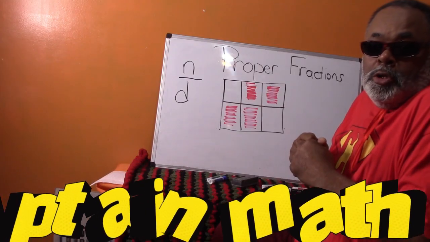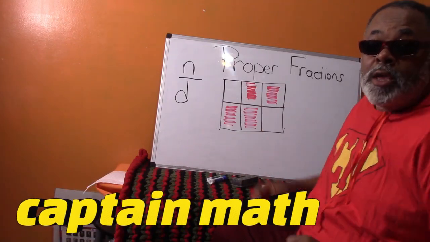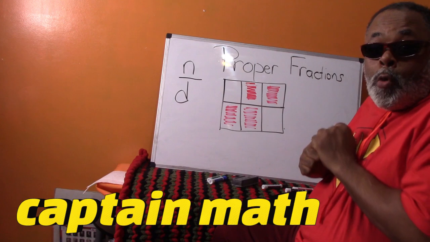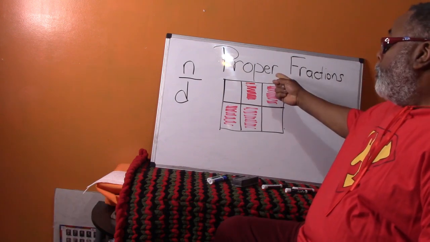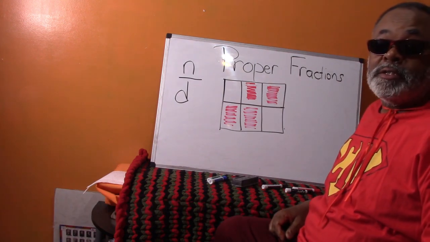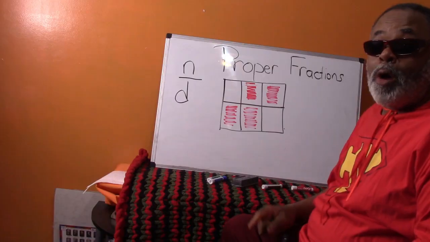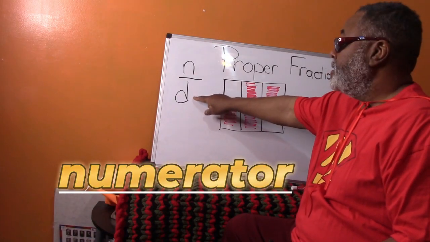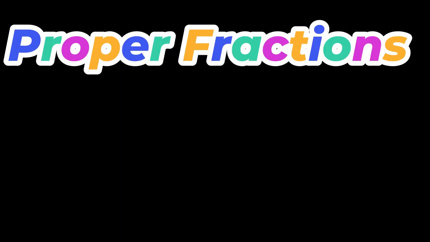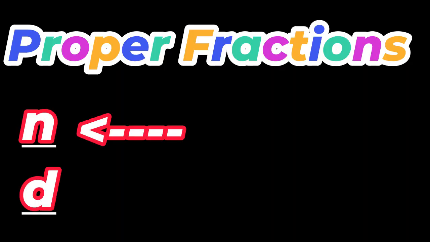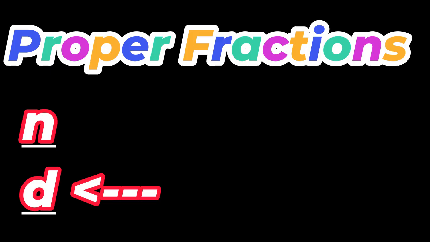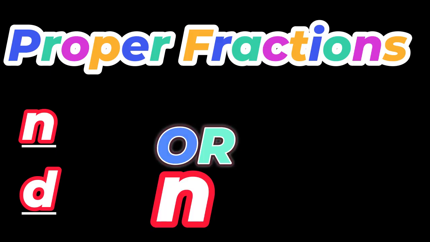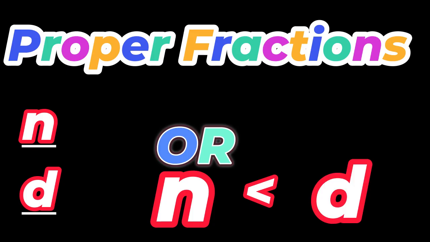It's Captain Math. Today, we're going to talk about proper fractions. A fraction has two parts. It has a numerator and a denominator. In a proper fraction, the numerator is smaller than the denominator.